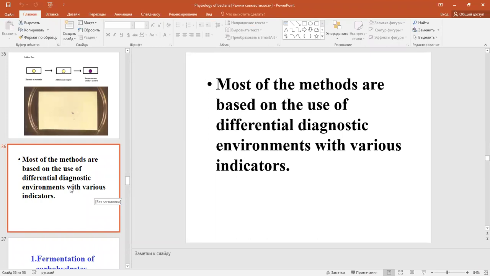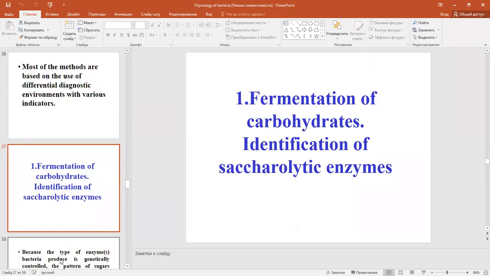I told you that for identification of them, it's necessary to study a lot of biochemical properties and antigenic structure. They are biochemically active. So in case of disease caused by Enterobacteria, in case of intestinal tract infections such as typhoid fever, dysentery, cholera, and others, we have to study saccharolytic enzymes and proteolytic enzymes.